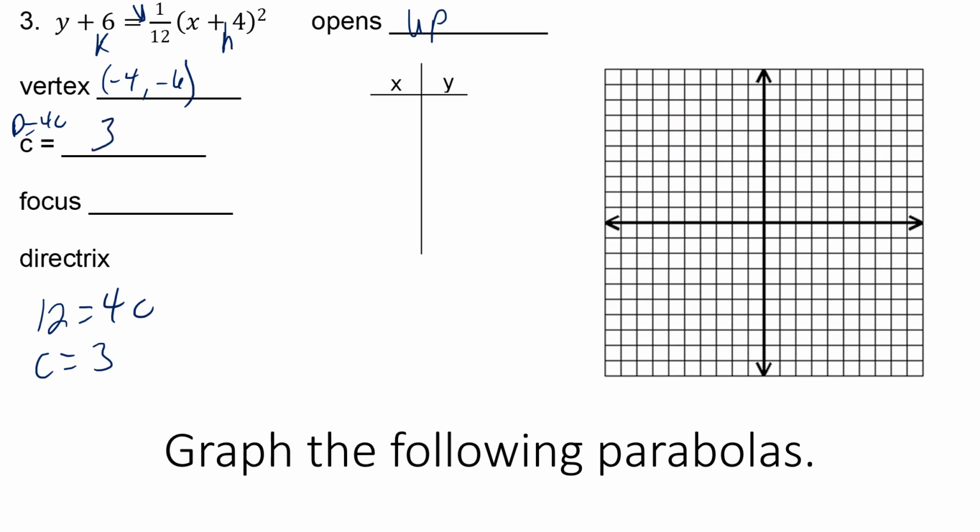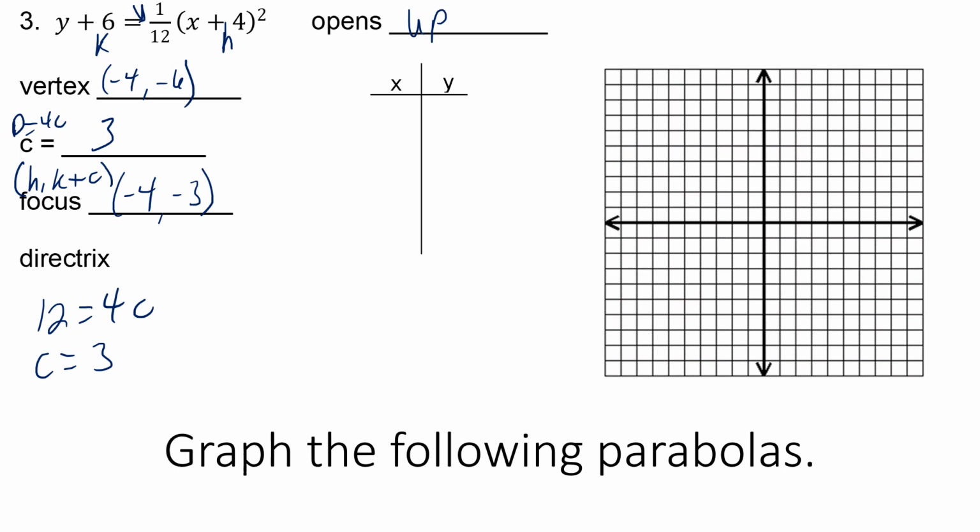Your focus, again, you should have done your focus. It's a point, so it's going to be h comma k plus c. So when I find my focus, my h is still -4, and my k plus c is -6 plus 3, which puts me at -3.